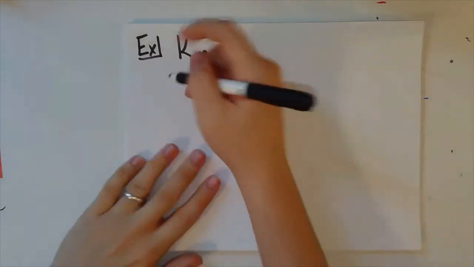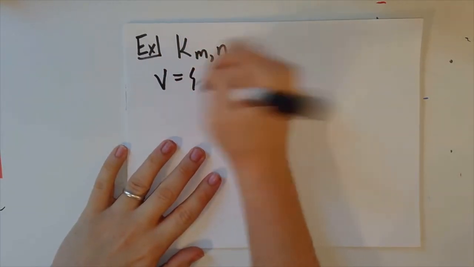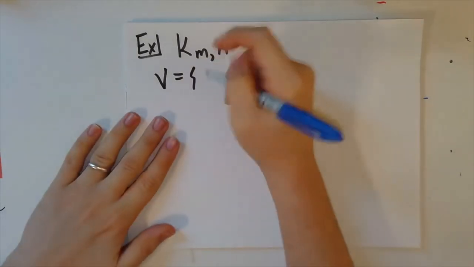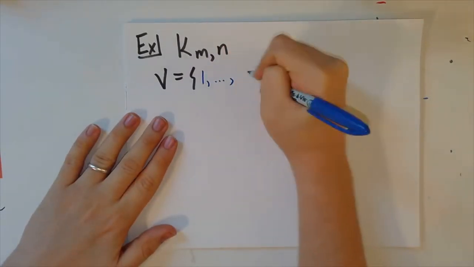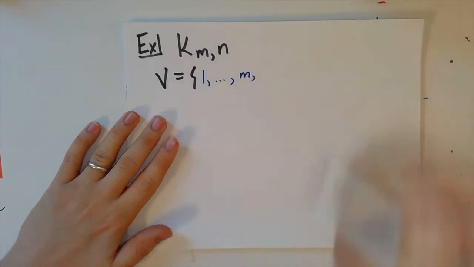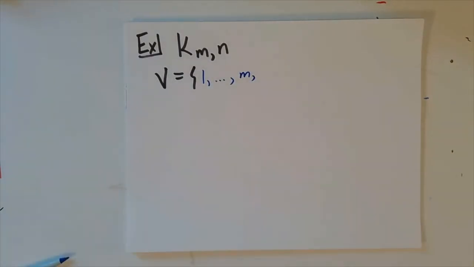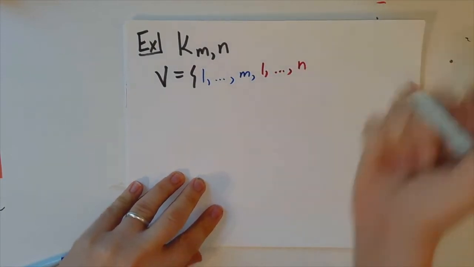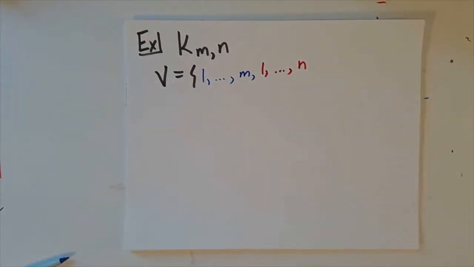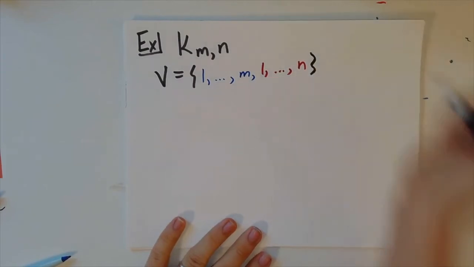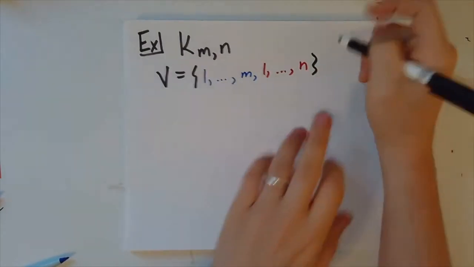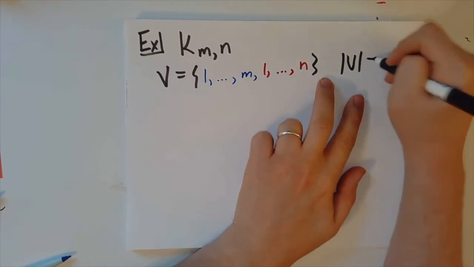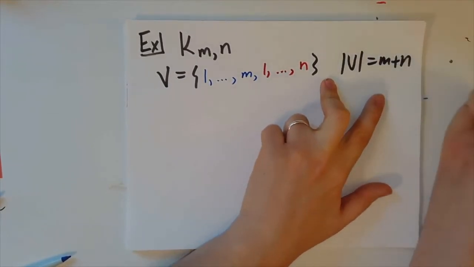And so my vertex set here, the way I'm going to write this down, is it's going to be 1 up to m in blue, and then 1 up to n in red. So that means, just to be clear, 1 blue and 1 red are different, so this vertex set has size m plus n.